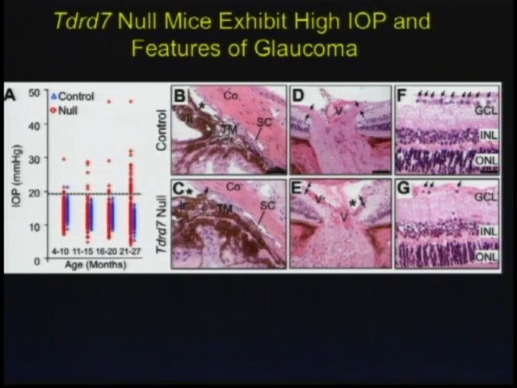And one could see that the ganglion cell layer was also completely diminished in these Tdrd7 null mutant mice. This is a hallmark of glaucoma. So whether this was due to a secondary effect of the lens being disrupted, or whether Tdrd7 has an indigenous function in the retina or in these drainage structures, can be addressed when we have a Tdrd7 conditional null mutant, which we would address in future.